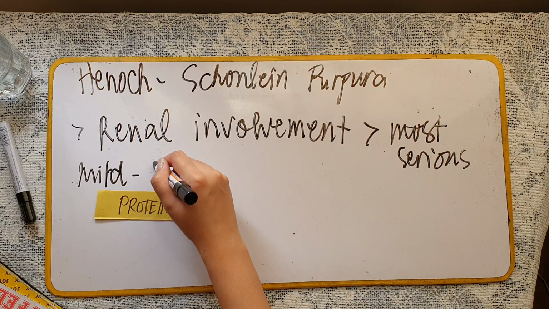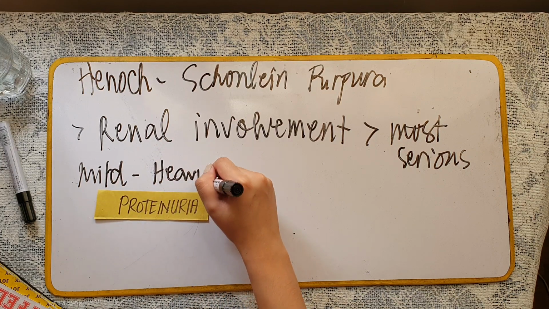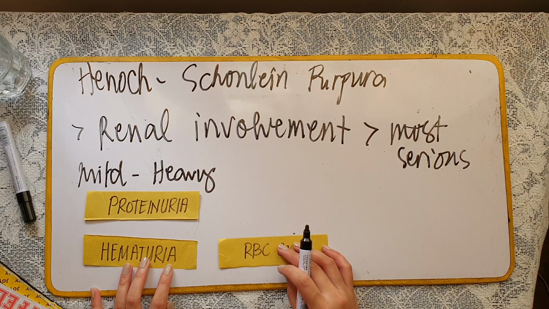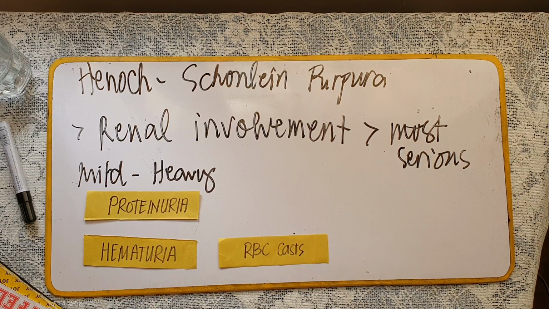What else? Hematuria also, and the presence of RBC casts. The urinalysis findings of Henoch-Schönlein purpura are mild to heavy proteinuria and hematuria with the presence of RBC casts.